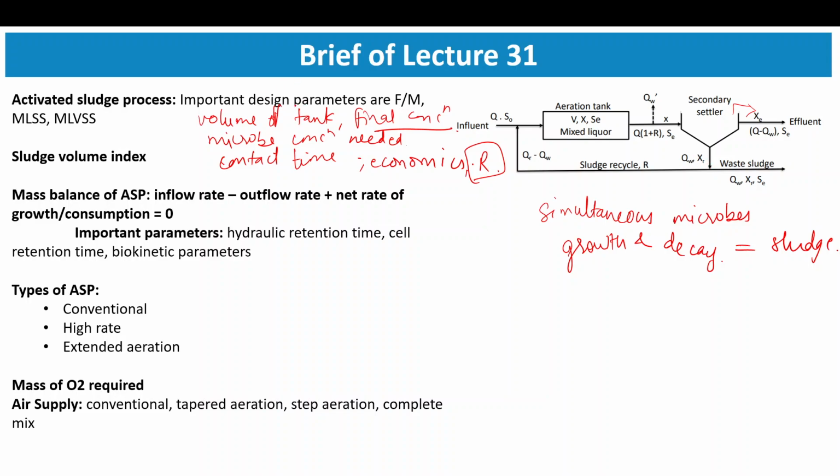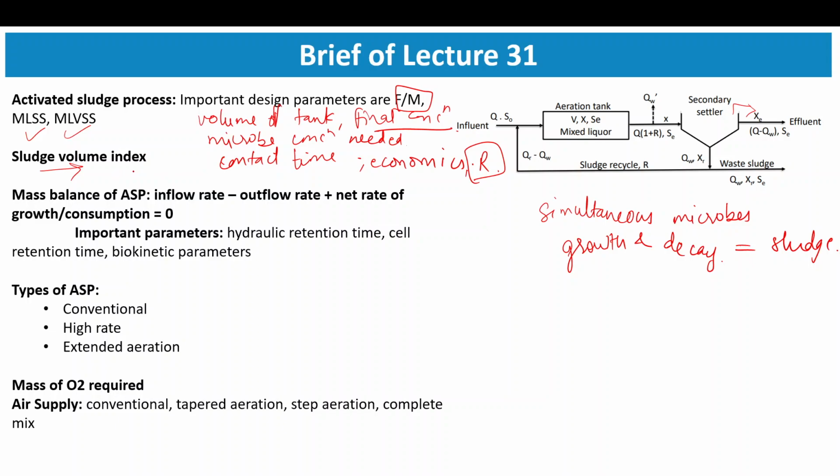Here, the F to M ratio is nothing but the amount of microbes present per amount of the BOD that needs to be digested. Other important parameters are MLSS and MLVSS, which correspond to the microbes present in the aeration tank. Then, for the amount of sludge that is settleable in the aeration tank, there is a parameter called sludge volume index.